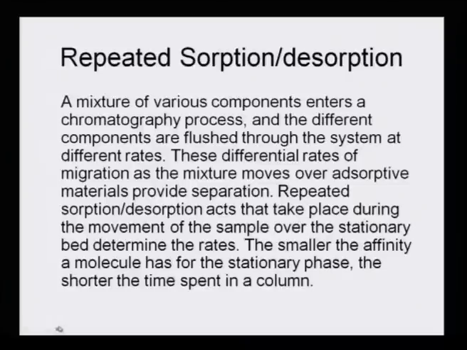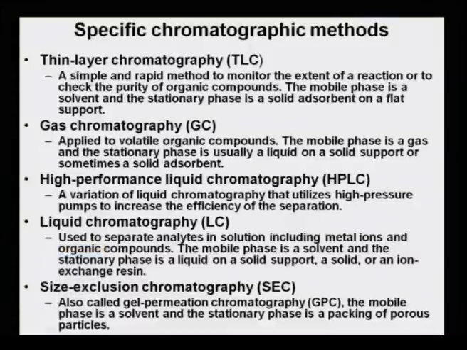Repeated sorption and desorption acts that take place during the movement of the sample over the stationary bed determine the rates. The smaller the affinity a molecule has for the stationary phase, the shorter the time it will spend on the column and it will run out with the mobile phase. So, this is a process which takes place again and again.